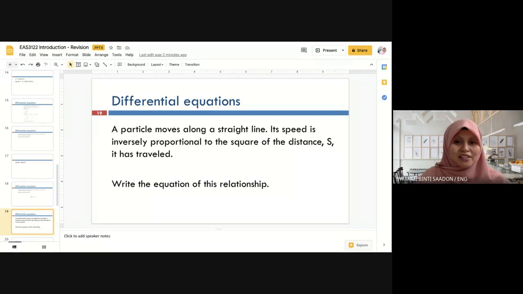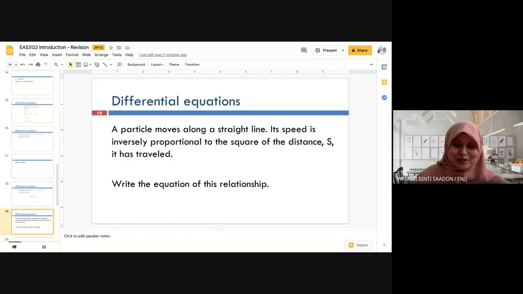What is the differential equation? ds over dt equals k square root s. Square root? To the square of the distance. Okay, square. You just missed the one. So it's correct. Okay, Nakib and Ishan.